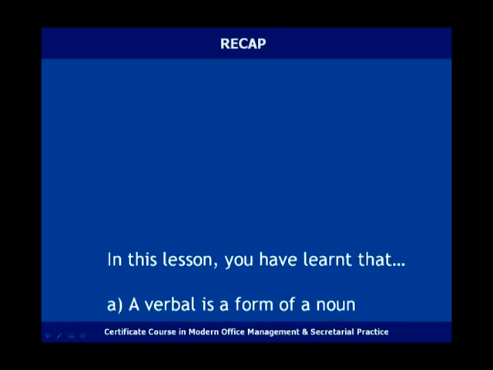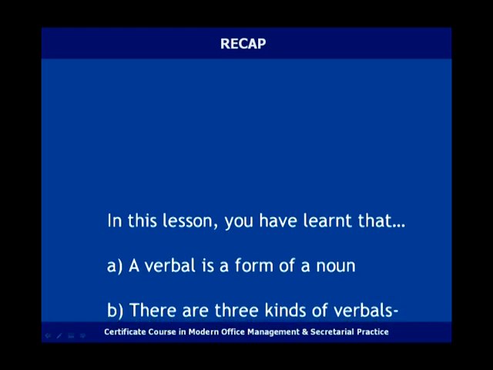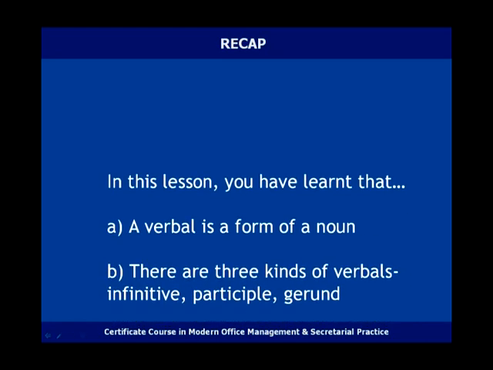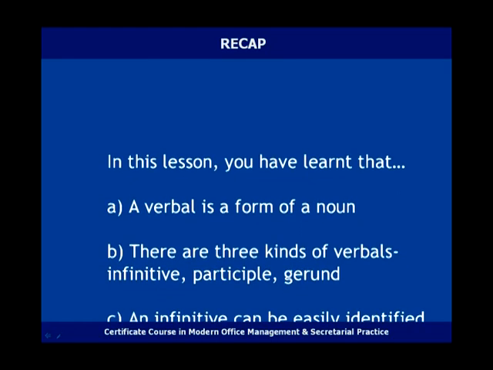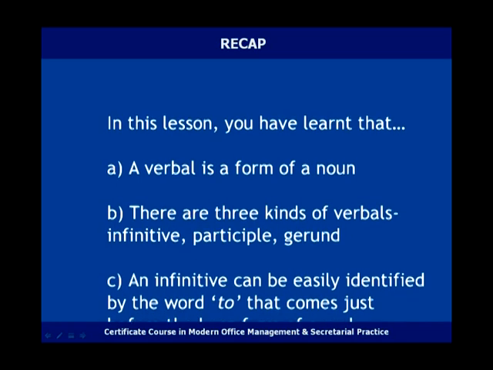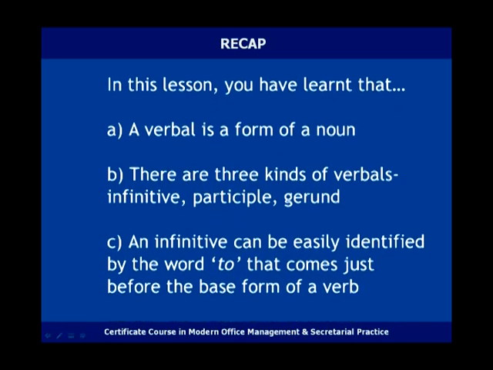Let us now review what you have learned today. In this lesson, you have learned that a verbal is a form of a noun. There are three kinds of verbals: infinitive, participle, and gerund.